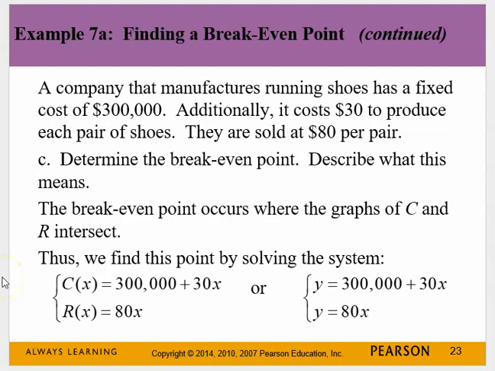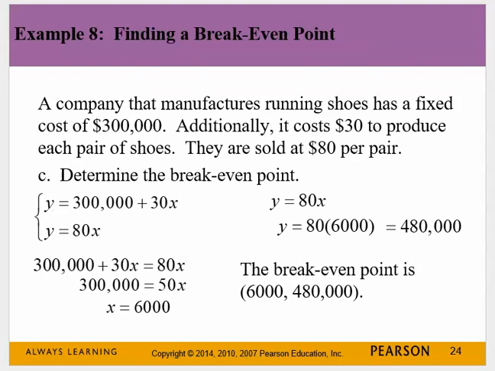So there are two equations, y equals this, y equals this, and when we solve it, we get x equals 6,000. Now, another point is how much money would have been generated through the sale of this? That is, what is your y value?